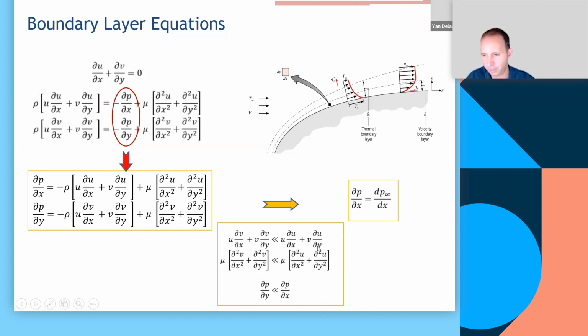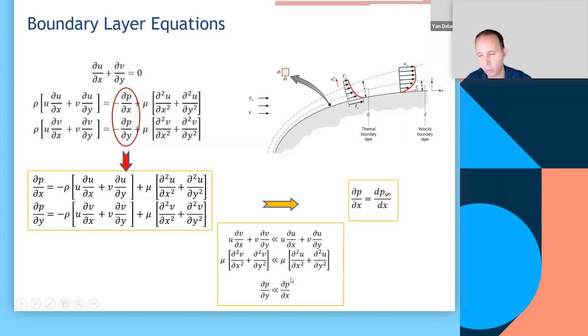This is small and this is large. But combined, all I'm saying here, and all you have to remember, is that all of these terms are much bigger than all of these terms. And that's what gives us that particular equation. We know that the pressure gradient in the y direction is going to be much smaller than the pressure gradient in the x direction.